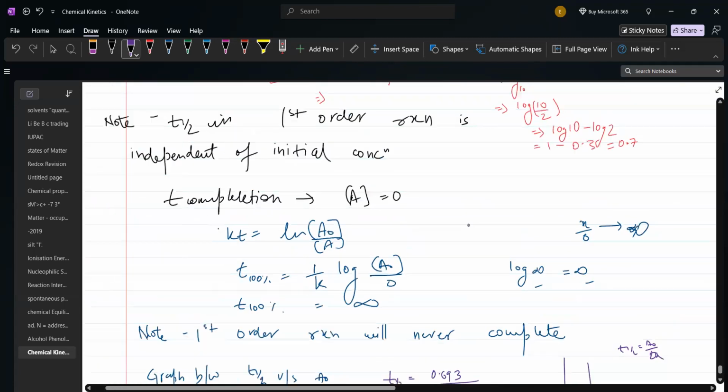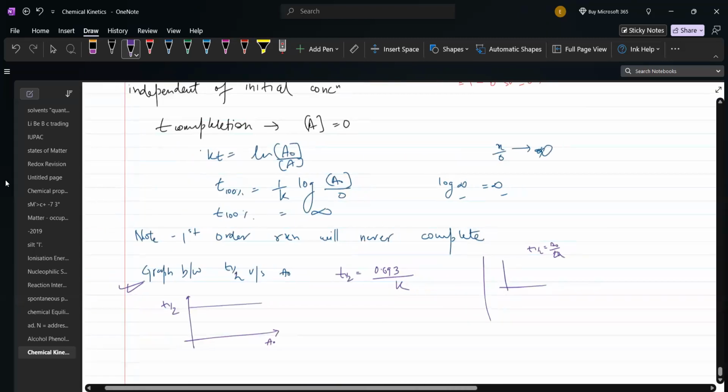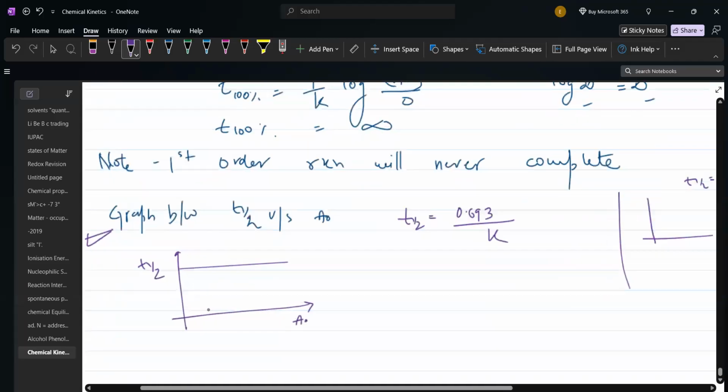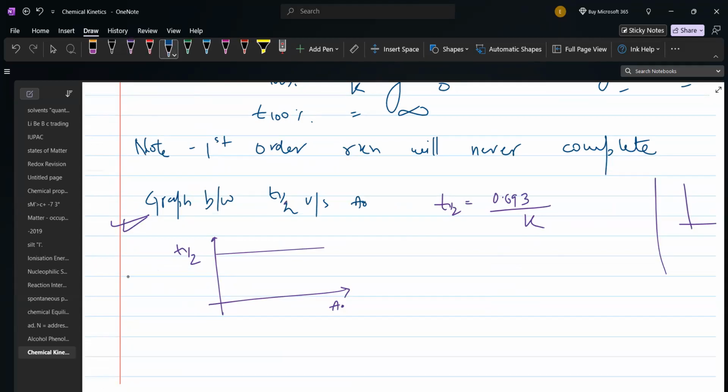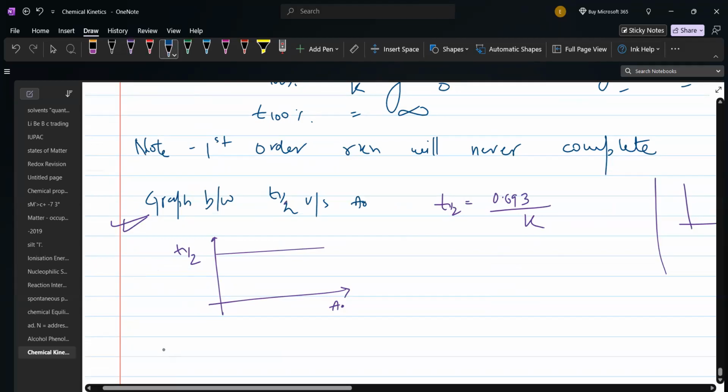Done copying. Yes, sir. So let's see some examples of first order reaction, as we have seen examples of zero order reaction as well.